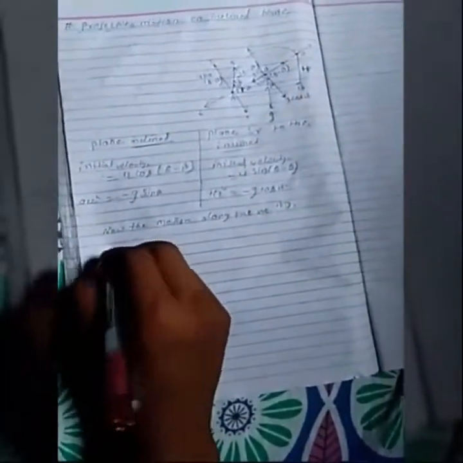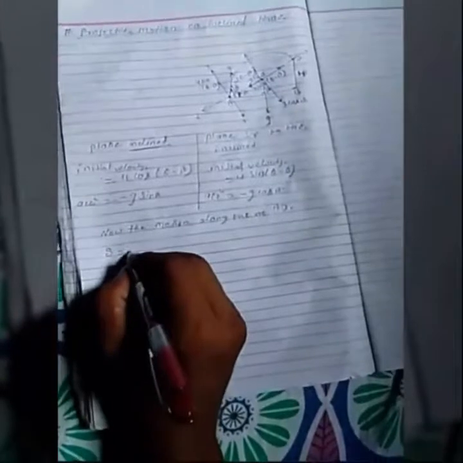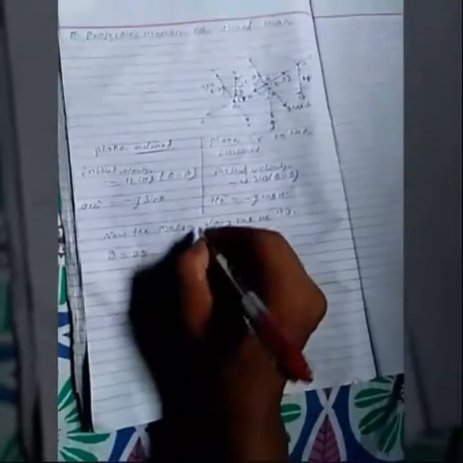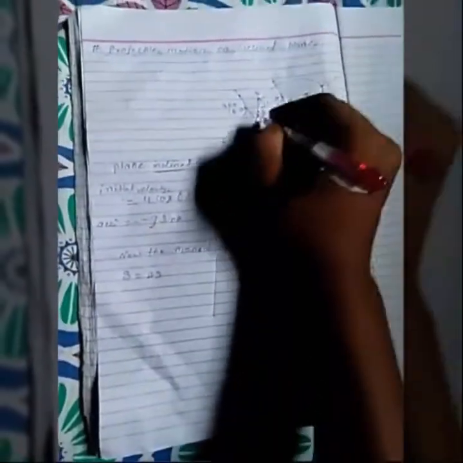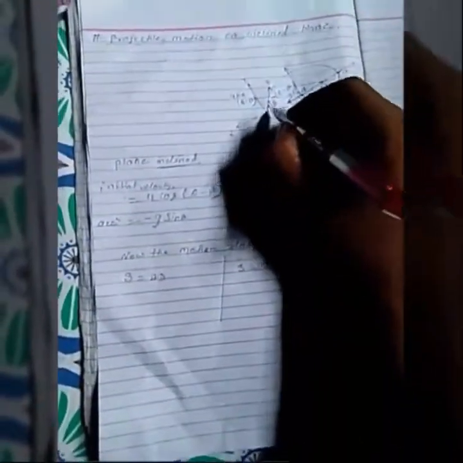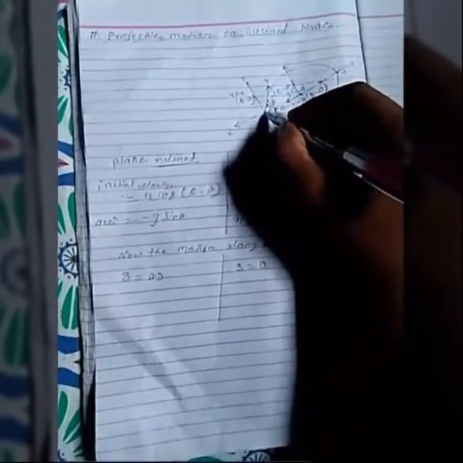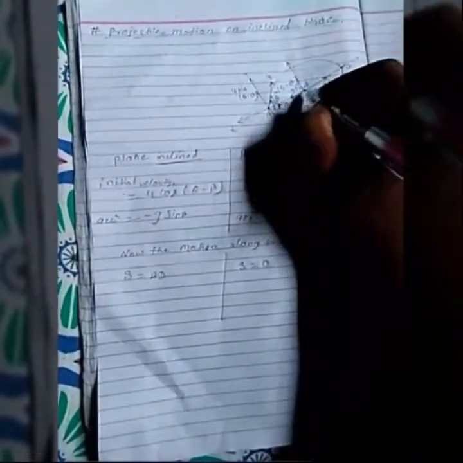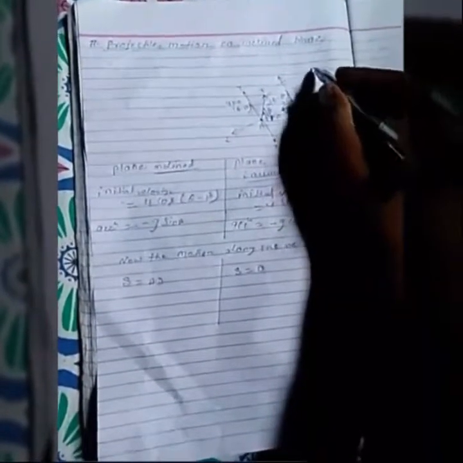Along the inclined direction the distance covered S is equal to AD, and perpendicular to the plane S is equal to 0, as the body, after traveling distance S in an inclined plane, does not travel any vertical distance. The body is on the same plane, so the vertical displacement of the body is taken as 0.